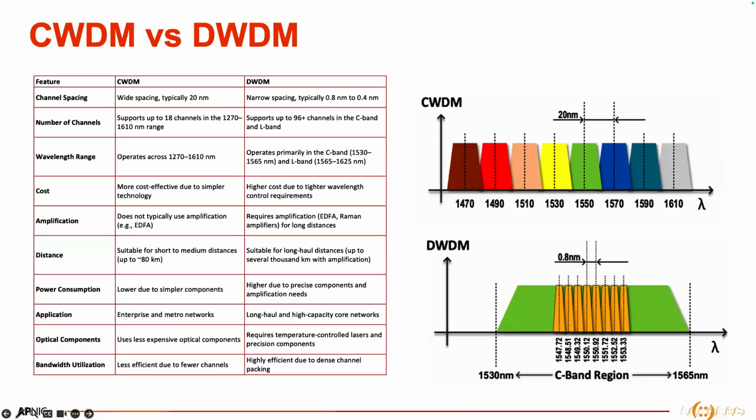And each lambda has a gap to the next one. So between two consecutive wavelengths, there is a gap. If the lambdas are changing shape, that means the gap is changing as well. That means they are overlapping each other, and the communication is distorted. So that is why temperature is very sensitive, especially for DWDM.